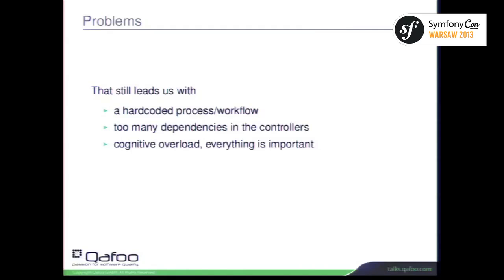And what I think is a real problem is the cognitive overload: we have to think about everything. Everything is there, everything is used, and we have to understand all that stuff to make a change in the code base, because we need to understand what the side effects are. This really makes it hard in the long run to work on applications.